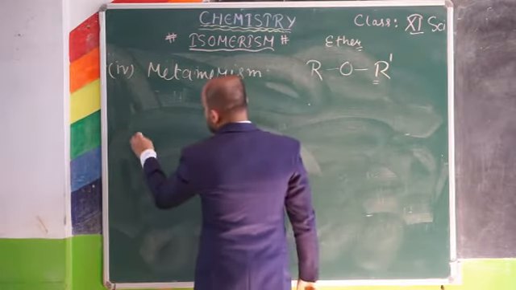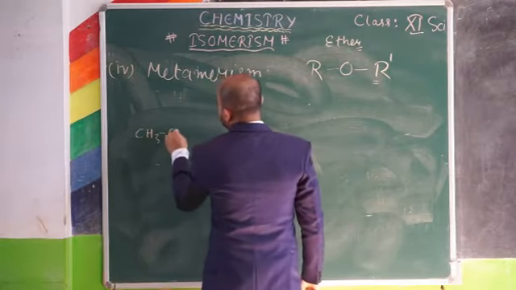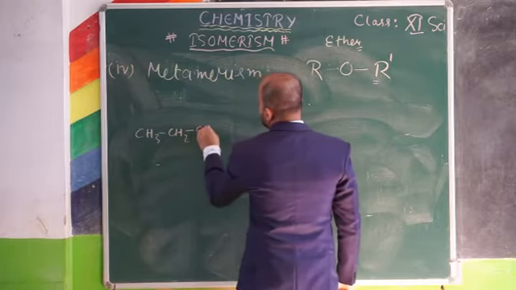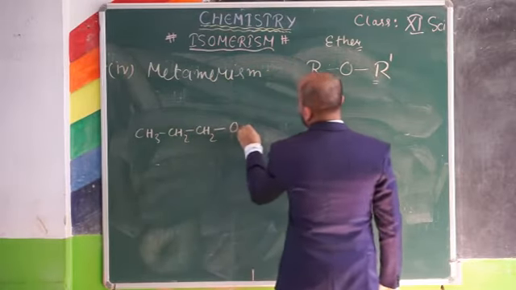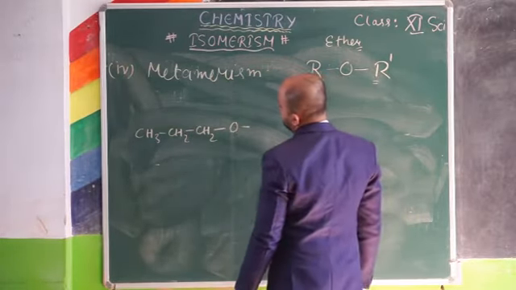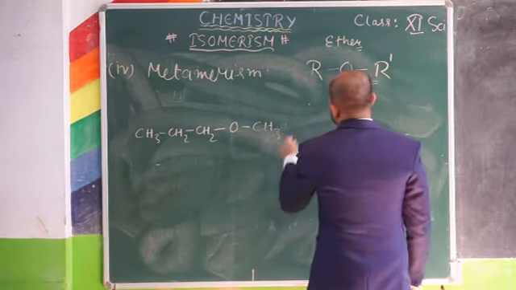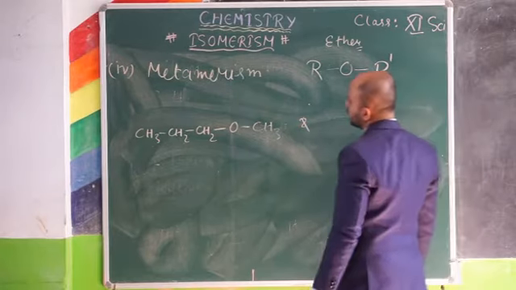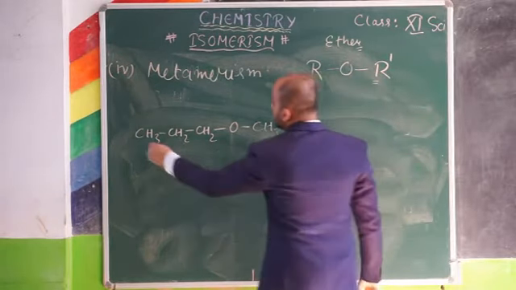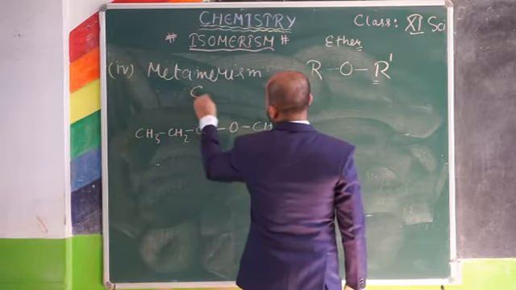Let's take this example where we have CH3, CH2, CH2, O, and suppose you have CH3. Now here how many carbons are there? 1, 2, 3, 4. 4 carbons.